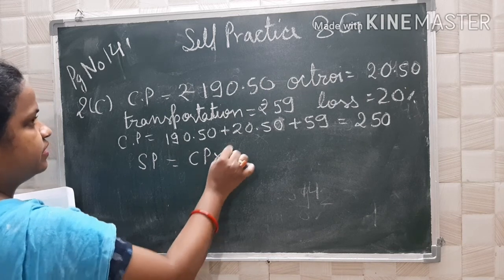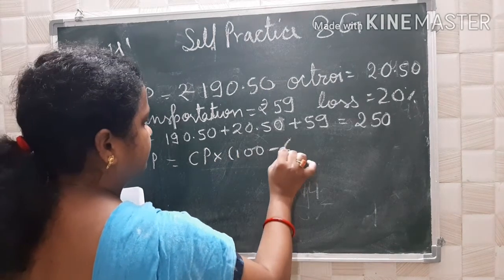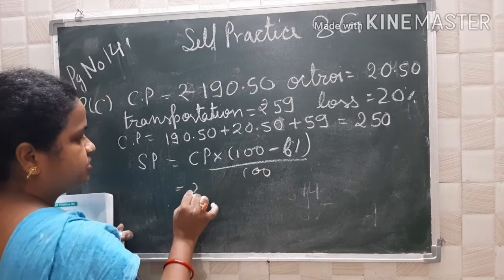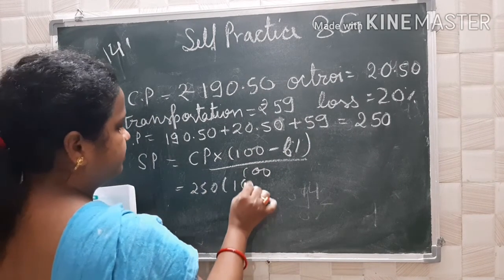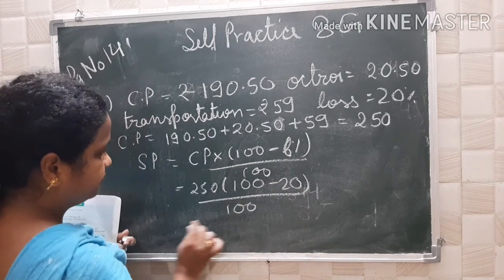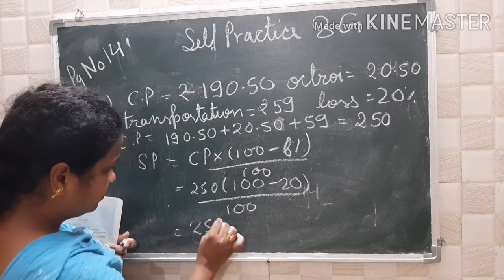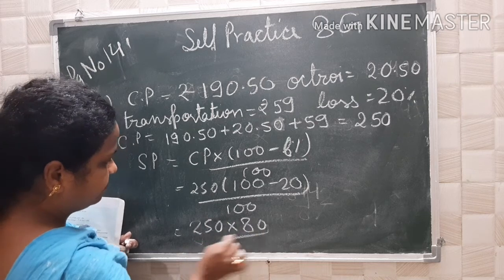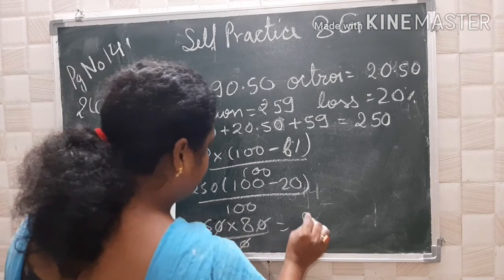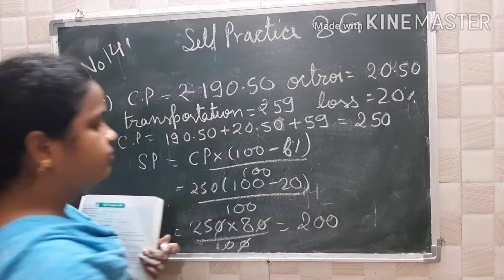CP into 100 minus loss percent upon 100. CP is 250, 100 minus 20 upon 100, which is 250 into 80 upon 100. 0 0 cancel, 25 8s are 200. So what will be your profit here?